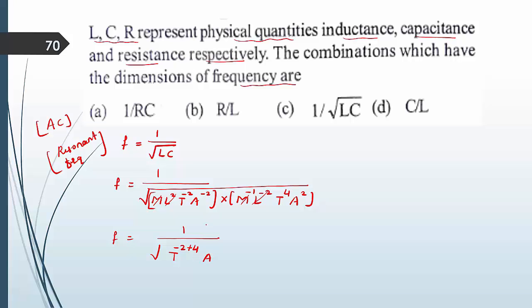Then A raised to minus 2 and A raised to plus 2 will also cancel. So we will get 1 divided by root of T square, since minus 2 plus 4 is 2. 1 by under root of T square is what? 1 by T. So f equal to 1 divided by T, for the equation 1 by root of LC.